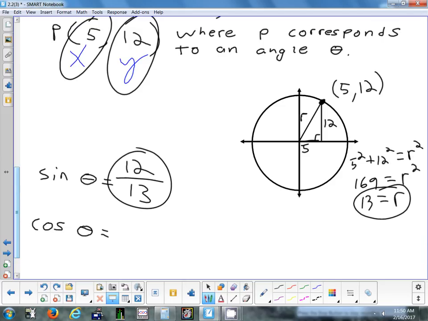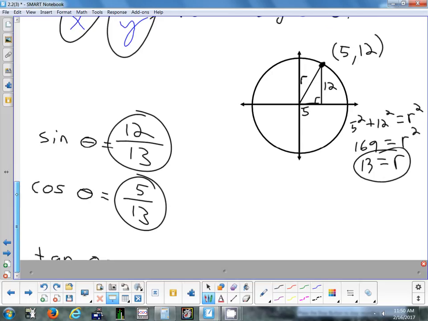Okay, in the original, but is my radius a 1 here? Oh, no. No. So we got to use the formula I have up above. X over r. Yes. What's x? 5. And what's r? 13. So there's cosine.